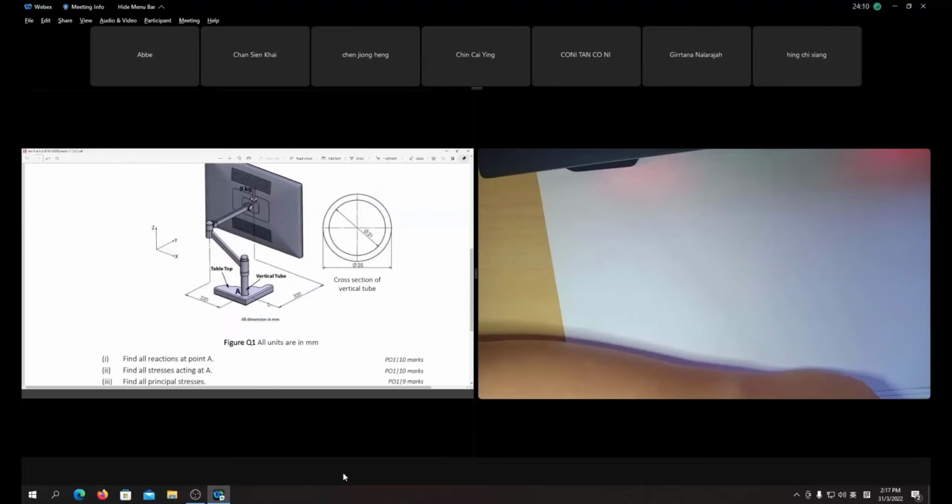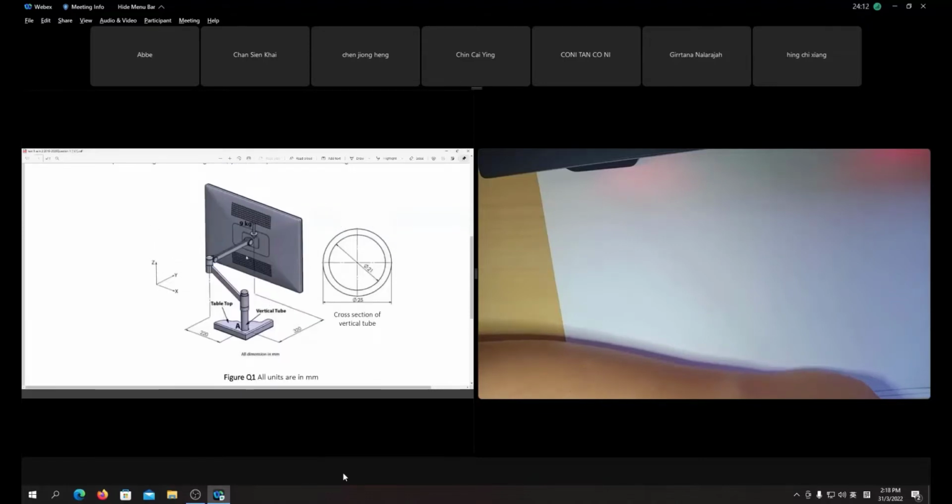So for the critical case with this kind of swivel arm, we don't have to analyze all these members. The question asks you to analyze the tube, because the tube is critical. Logically, it carries the bending load, in both directions: moment on the x-axis, and from the left view, moment on the y-axis.